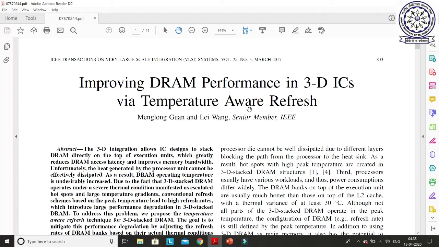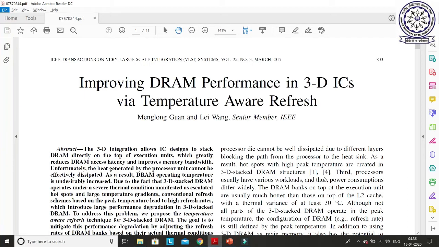What is row hammer, I think you already know. Since row hammer is very much related to DRAM refresh, I have decided to explain at least two interesting solutions for handling the row hammer problem. Without explaining the row hammer problem, the DRAM refresh part is not complete. So let me continue with today's lecture.